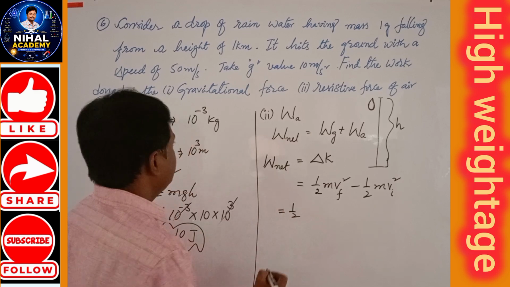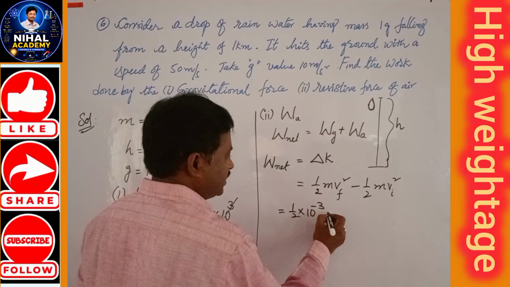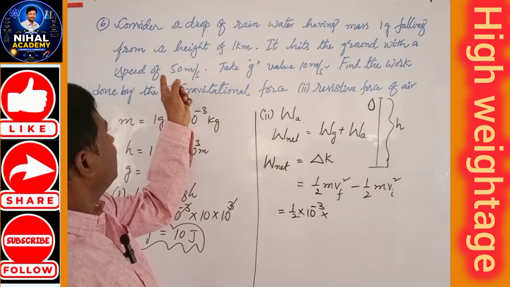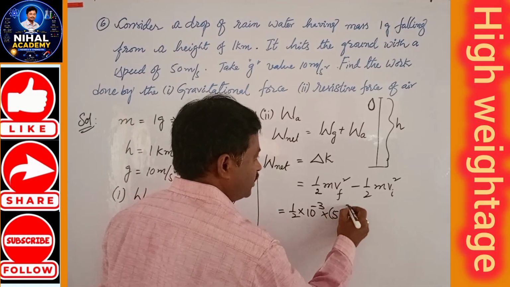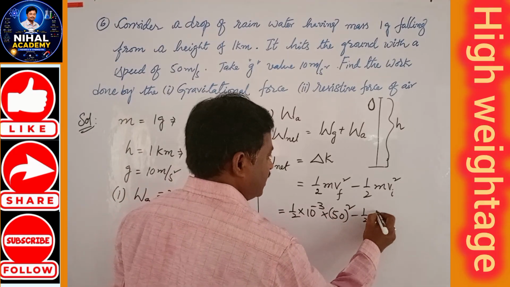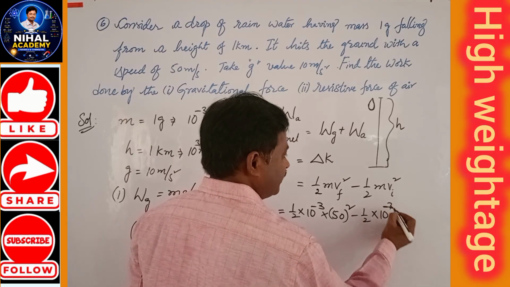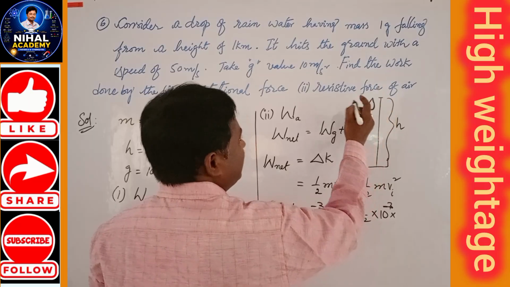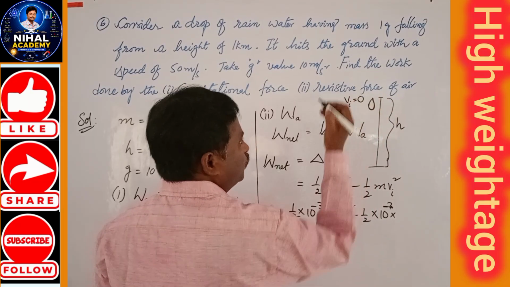Half, mass is 10 power minus 3, into final velocity, which is the velocity before hitting the ground, 50 meter per second, so 50 squared, minus half, mass 10 power minus 3, and initial velocity. The body is dropping from a certain height, so the initial velocity is equal to 0.